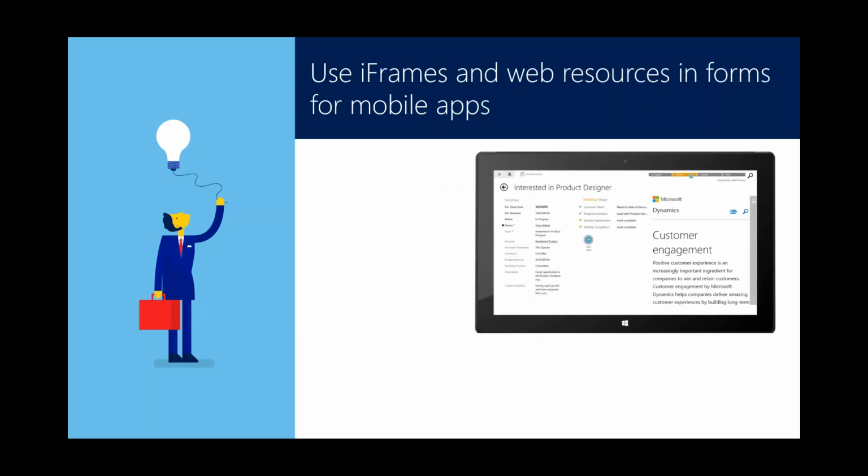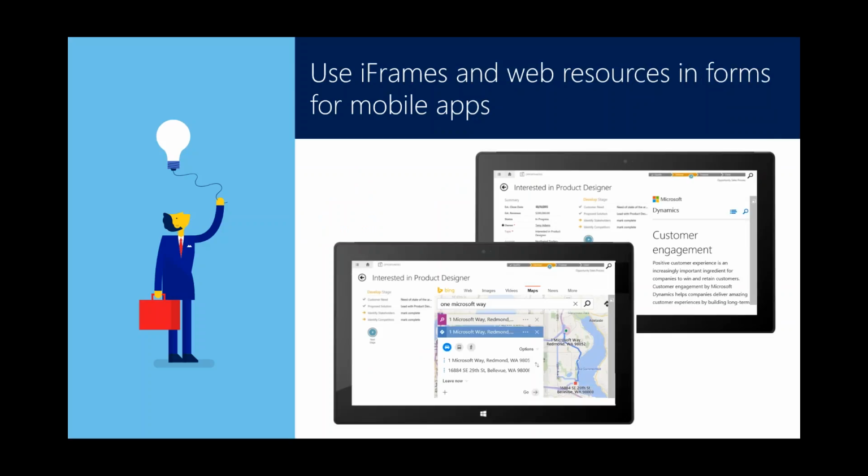We also have the capability to add iframes and web resources to mobile apps. So for those of you that have been using CRM 2015 or 2016, this was available as an unsupported preview solution. In 2016, this is now fully supported by Microsoft. So that ability to embed an iframe, either an external website or some sort of internal application within your mobile forms, is now possible on the mobile app.